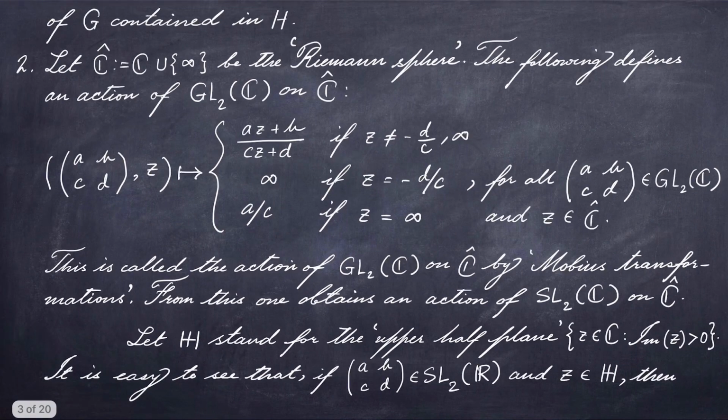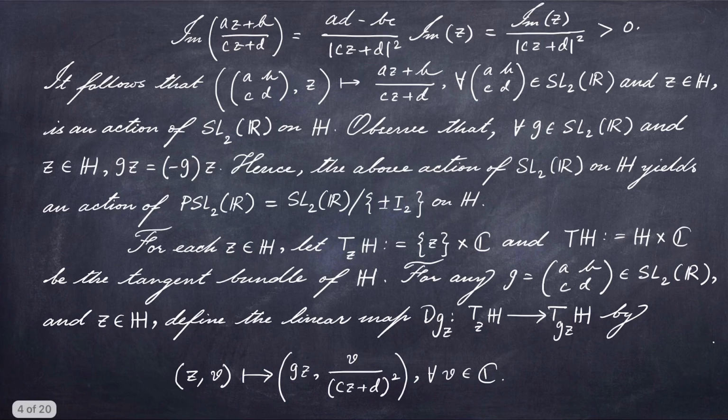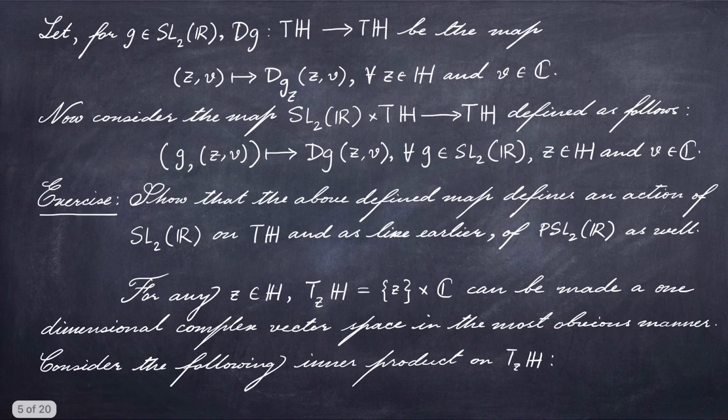We have seen that SL2R acts on the upper half plane by Mobius transformations. Then we lift that action to the tangent bundle of the upper half plane. The reason for calling it a lift, though that's not quite necessary here, is something I can briefly tell you.